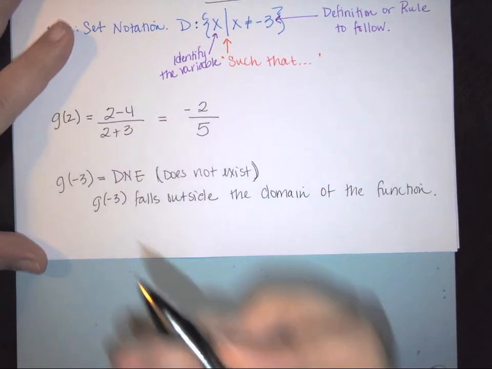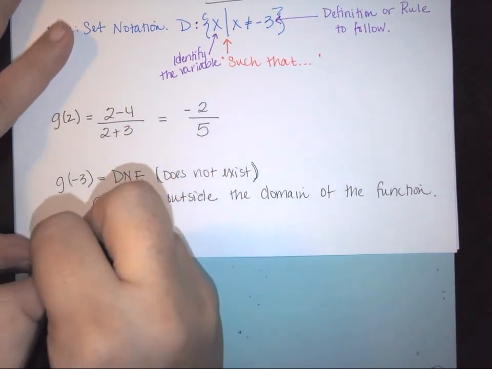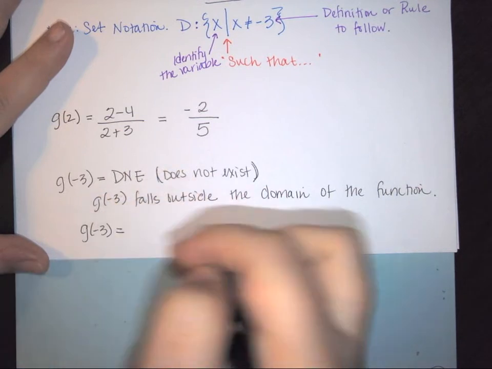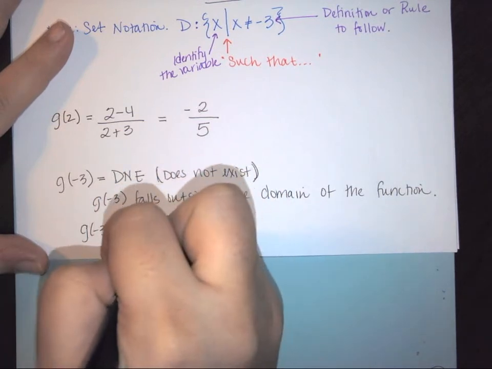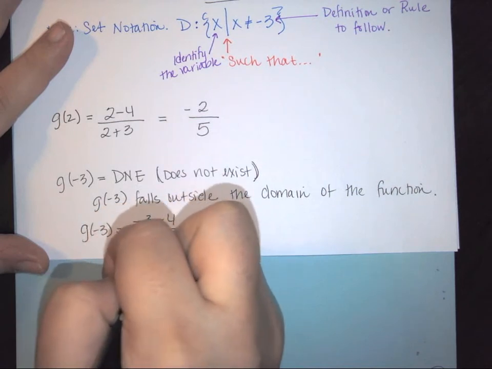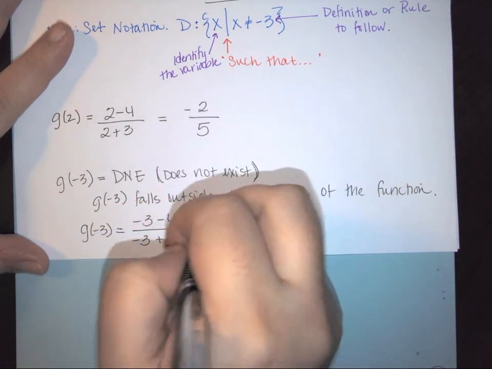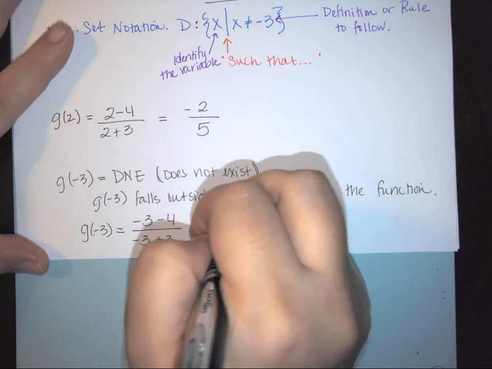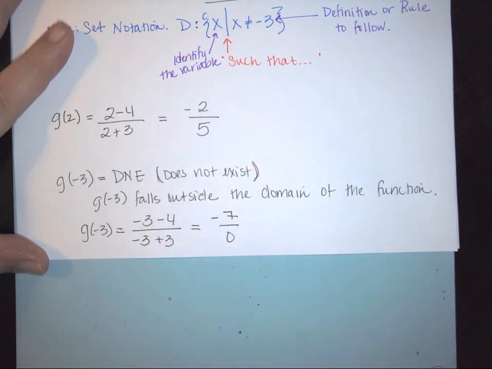Now, if we want to look at it mathematically, g of negative 3 would be the following. Negative 3 minus 4 over negative 3 plus 3. Mathematically, we end up getting negative 7 over 0.